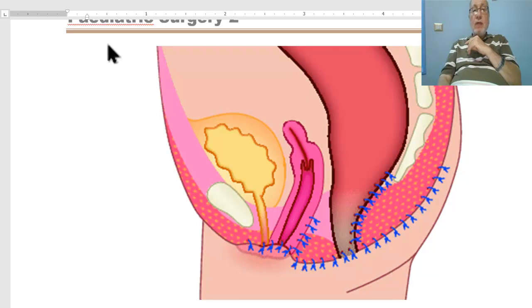Therefore, a combination from above by laparoscopic approach and the perineal approach by incision from the coccyx to the correct site of the anus. This can be done in one stage repair.